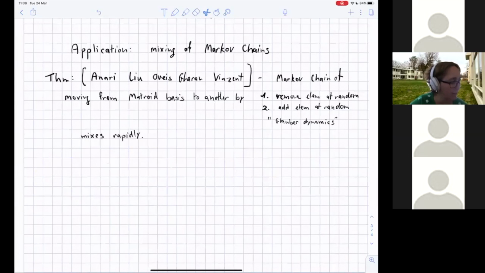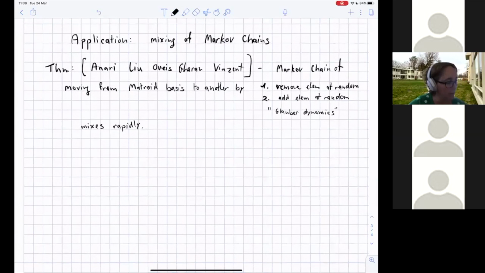So how will I prove it? What exactly does mixes rapidly mean? Is there any quantification? Yes, so let's say in polynomial time. I didn't state what a matroid is and so on, but suppose your ground set has size n. So it's polynomial time in the size of the ground set.